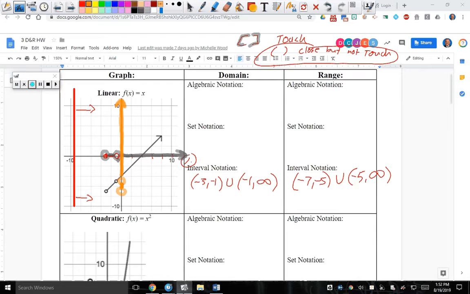Okay? Alright, from here, I want to change interval notation to algebraic notation. So let's go with Megan. How would I change -3 to -1 into algebraic notation?